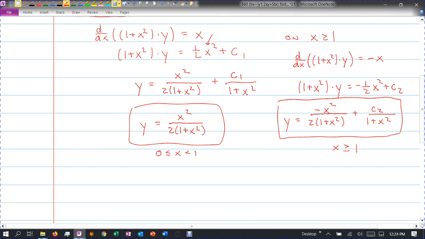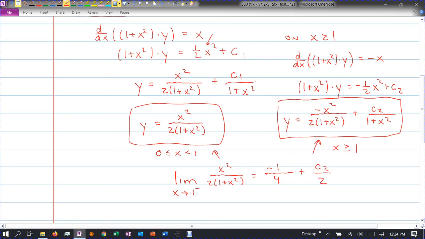But we want them to be continuous, so we need to take the limit, and our discontinuity is at 1. The limit as x approaches 1 from the left, because we're not defined at 1 on this one, of x² over 2(1 + x²) must equal this piece evaluated at 1, which would be −1 over 4 plus c₂ over 2.